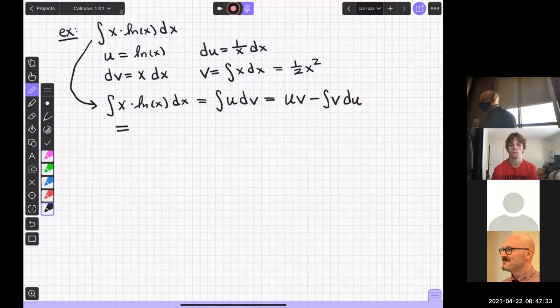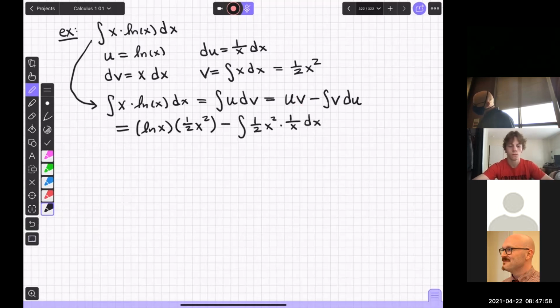Okay, so now let's take then the u times the v minus the integral of v du. Okay, so let's rewrite that into the front. And let's get rid of those bunch of random lines that just got put in.